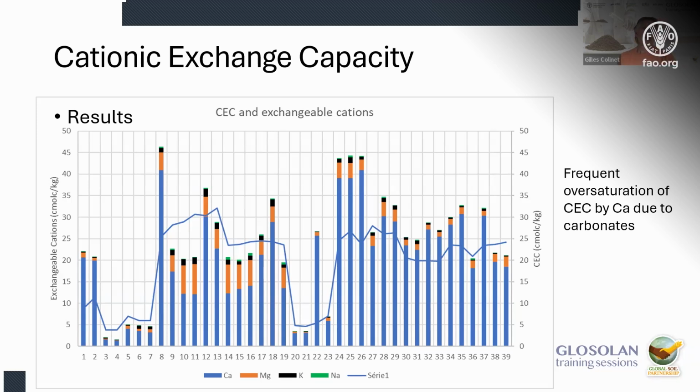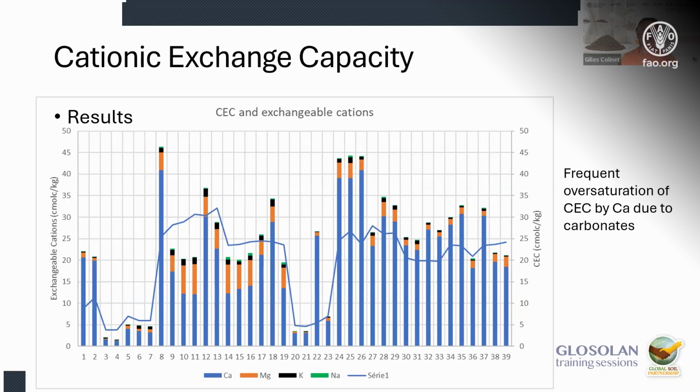It's difficult, yeah. I think the evaluation of the CEC is correct. It's just that the quantity of elements that are on the CEC is not well estimated, because you are overestimating the quantity of calcium or magnesium.